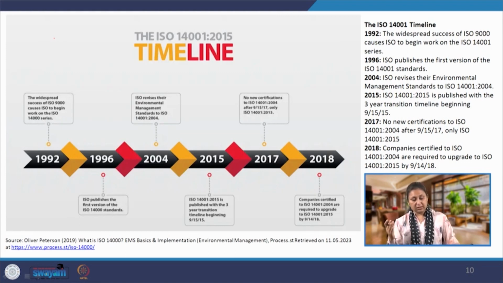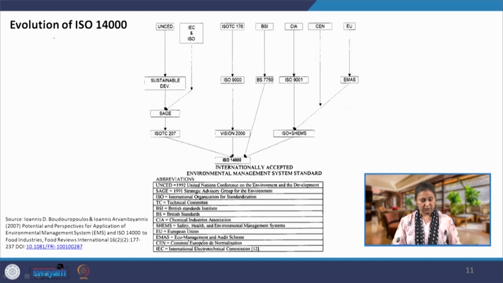And then there are no new certifications, just a few additions. And finally, in 2018, companies certified to ISO 14001 are required to upgrade to the 14001:2015 version. So, there is no new addition, but the upgraded versions are available. This is from 92 to 2018, and then we also have 14064 coming up.